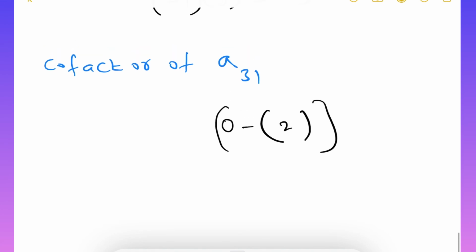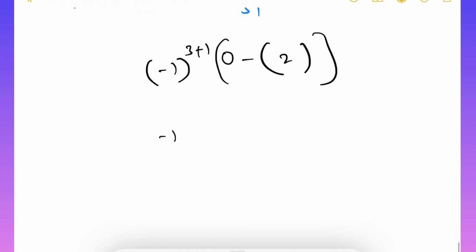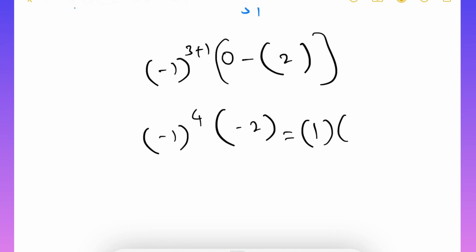This total we need to multiply with minus 1 power third row first column. So we get minus 1 whole power 3 plus 1 is 4 into 0 minus 2, it is minus 2. Minus 1 whole power 4 plus 1 into minus 2. 1 into minus 2, minus 2. So the cofactor of the element which is there in the third row first column is minus 2.